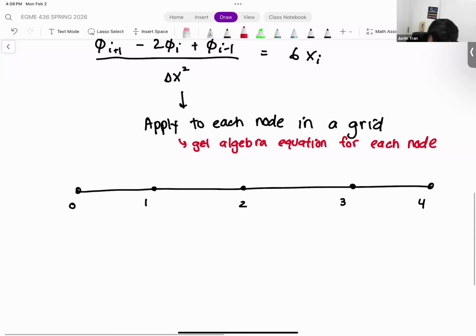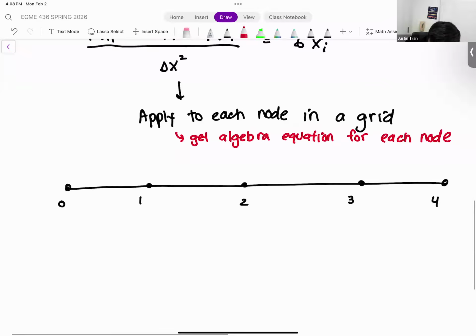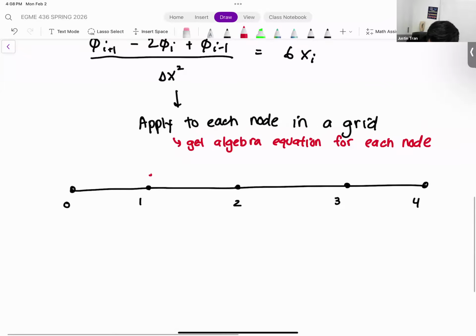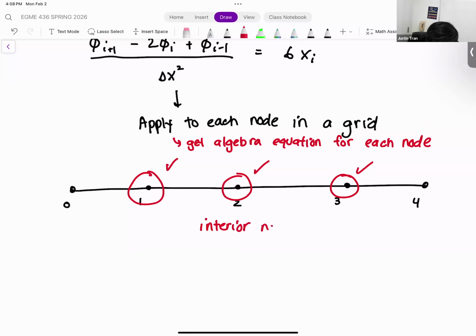Applying it to the interior nodes, node 1, node 2, and node 3, is okay, because interior nodes have the nice property that they have neighbors on both sides.